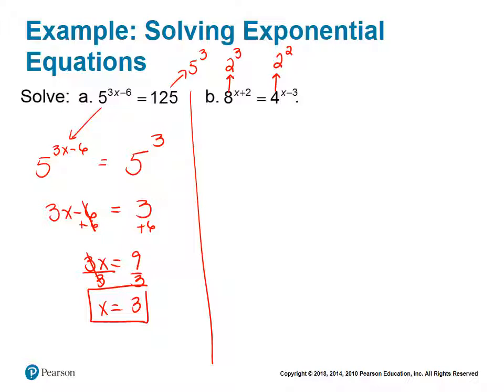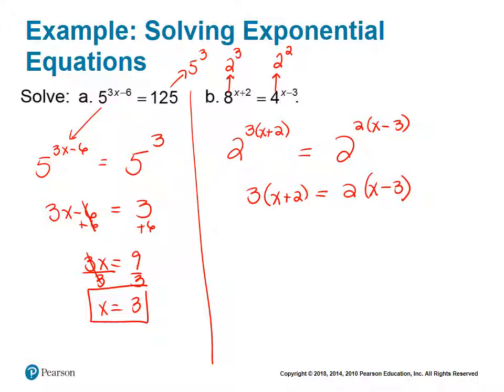So we could rewrite this as 2 to the third with an additional exponent, x plus 2, equals 2 squared, that takes the place of the 4, with the additional exponent, x minus 3. Again, now we have a one-to-oneness with the bases of 2. So cancel the 2 and just bring down 3, parentheses, x plus 2 equals 2, parentheses, x minus 3, and solve.